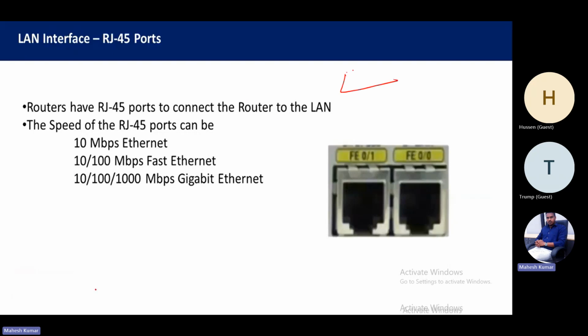Let's suppose there is a router with one LAN port connected to the switch, and after the switch the users are connected. These ports are fast Ethernet, FE, or gigabit. We already covered the types of interface: 10 Mbps Ethernet, 10/100 Mbps called fast Ethernet, and 10/100/1000 Mbps gigabit Ethernet are available nowadays. So these are the interfaces.